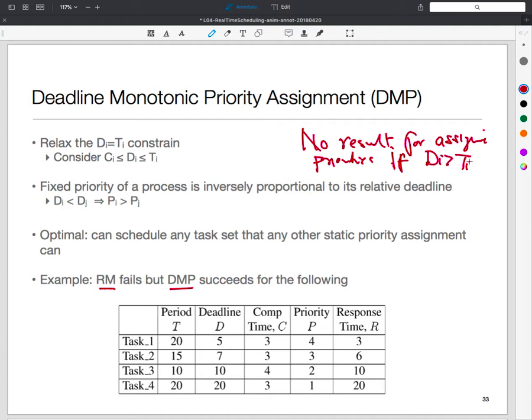All you can do is try all orders, all possible n factorial ways of assigning priorities, and check. So the case d_i greater than t_i is pretty problematic.